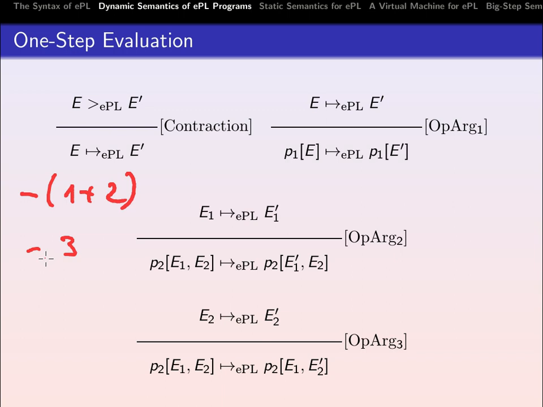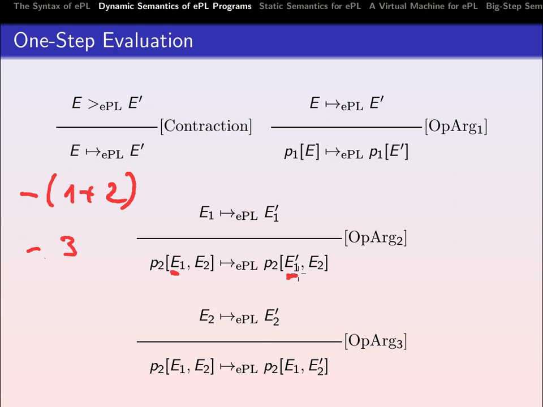Similarly we go for binary operators. So if E1 one-step evaluates to E1 prime, then notice that we are performing an operation only on the left-hand side. Right? So this expression E1 plus E2 one-step evaluates to E1 prime plus E2.